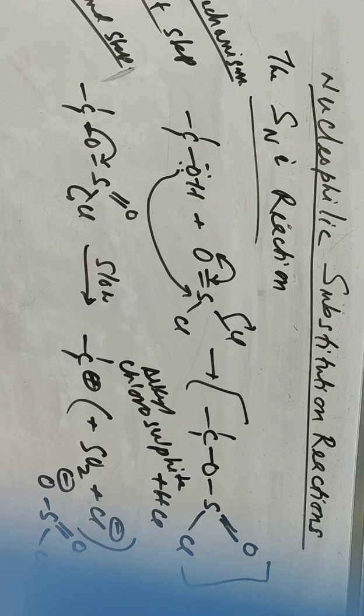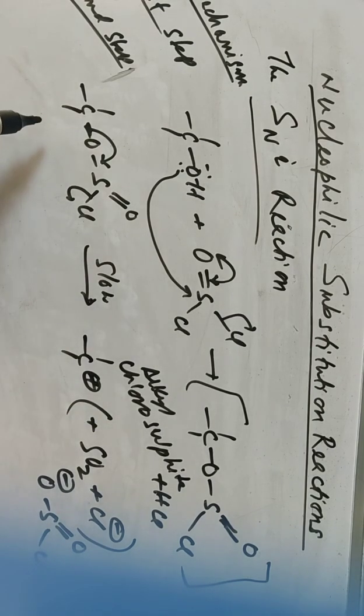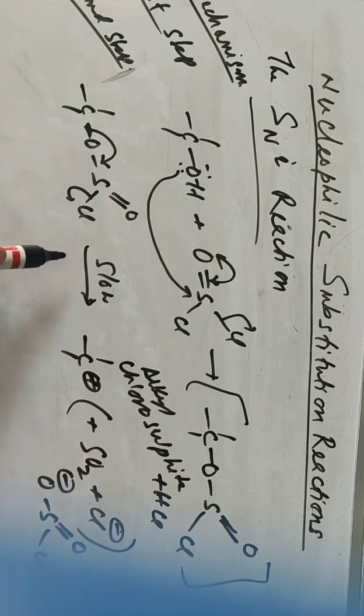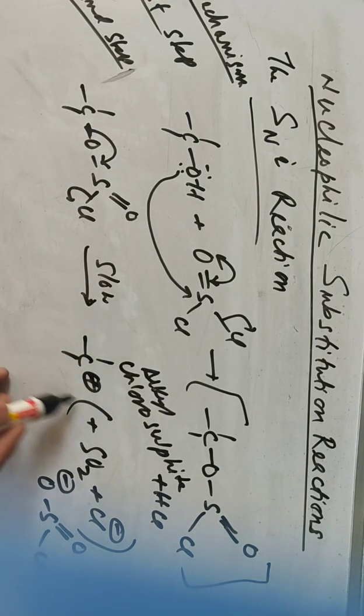So I'm repeating again, in the second step, the alkyl chlorosulfite dissociates slowly into a carbocation ion pair. One is a positive ion, the other is the chloride, an ion pair. One is a carbocation. Okay.